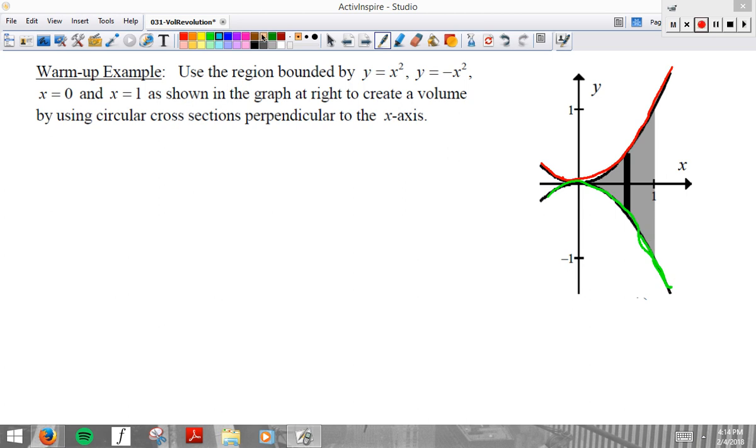We're going to start from x equals 0, stopping at x equals 1. We have this shaded area, and we're going to stick circular cross-sections onto those slices. So again, picture that paint coming out of the page and into the page, out of the screen and into the screen, toward you and away from you. Okay?